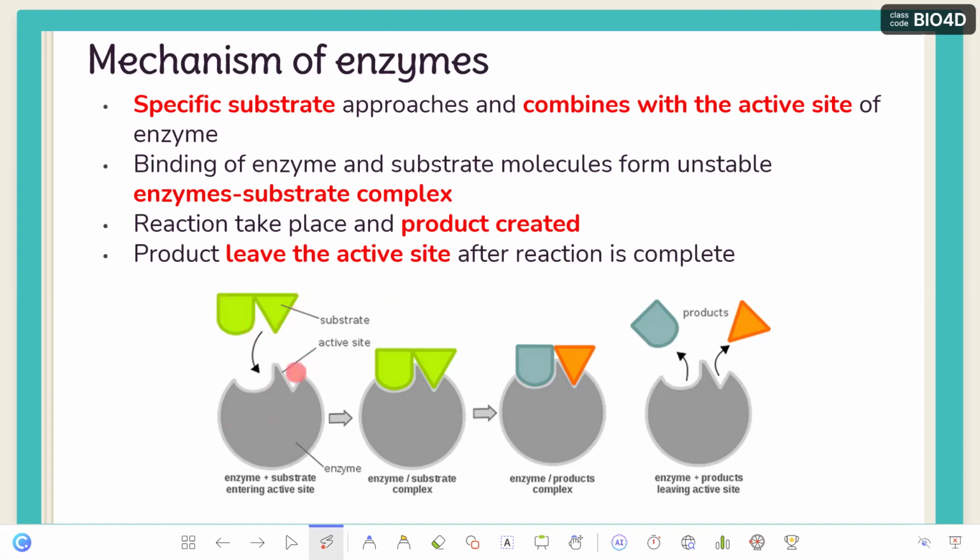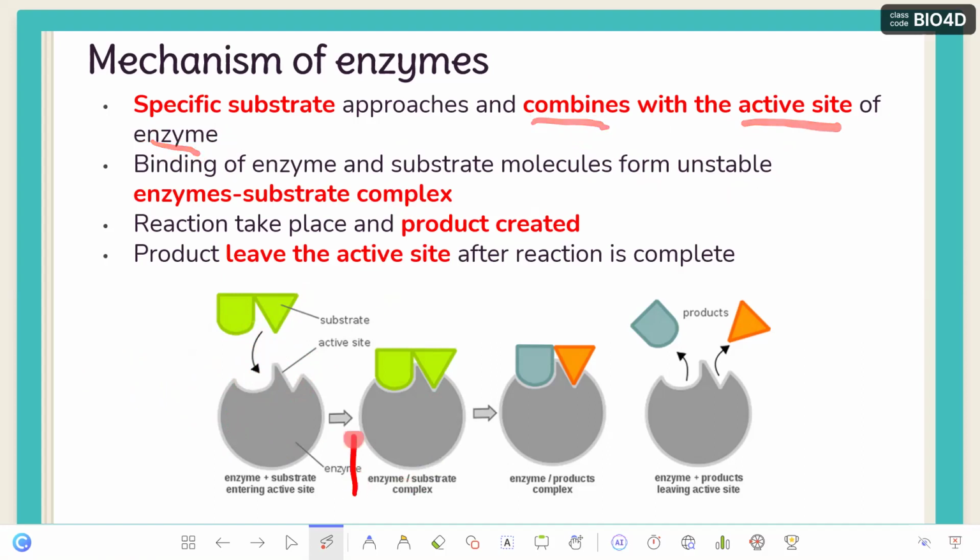You need to find the active site. This area here is the active site. If it binds elsewhere, nothing will happen. It needs to bind at the active site. Active site, again, is another keyword. Now, the substrate must approach and combine at the active site of the enzyme.